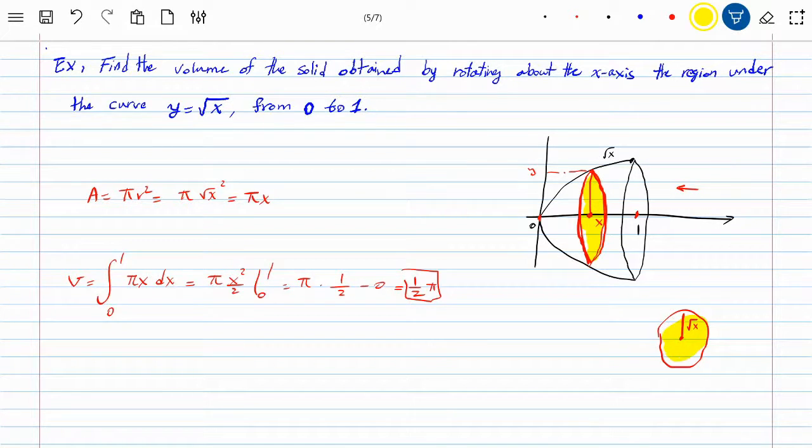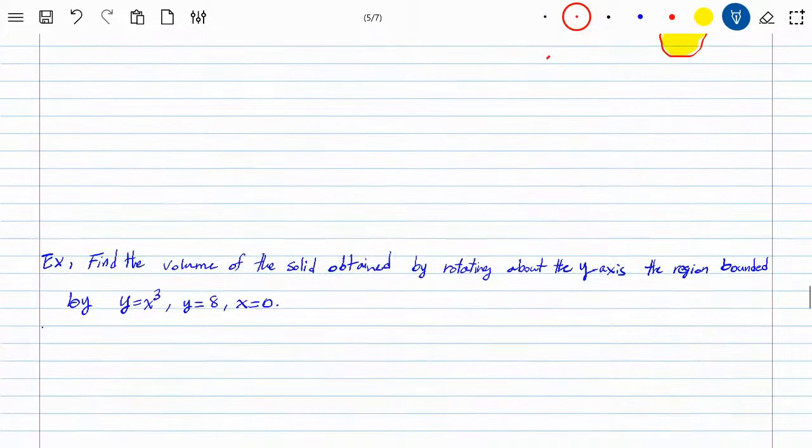You can always draw the picture outside and expect a circle if you're dealing with rotation. Rotation always creates a circle because if you have a fixed point as the center and rotate around it, what you create is always a circle. In this case, the x-axis is the fixed reference, and if you rotate the curve, you always create this circle. So the volume would be 1/2 pi.